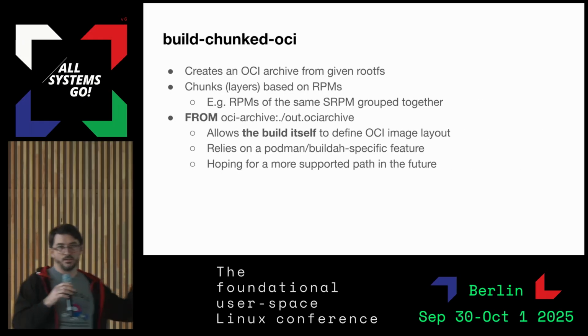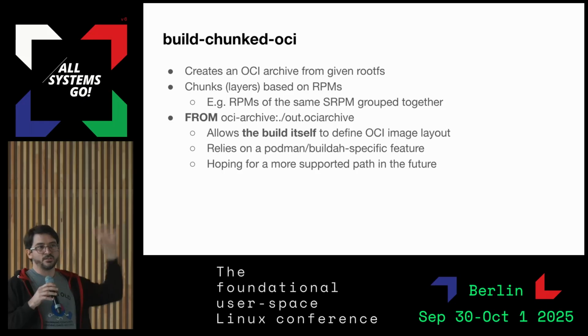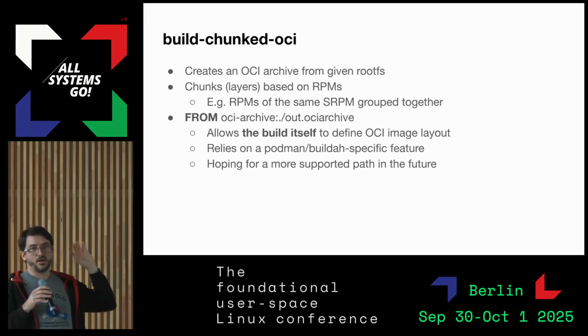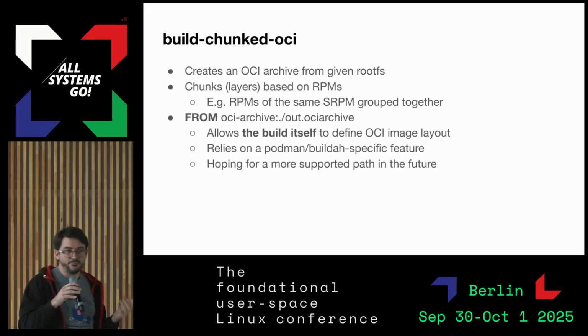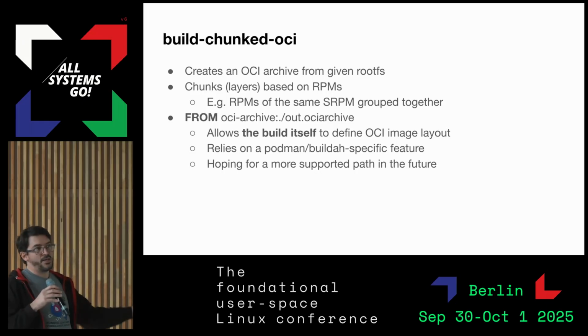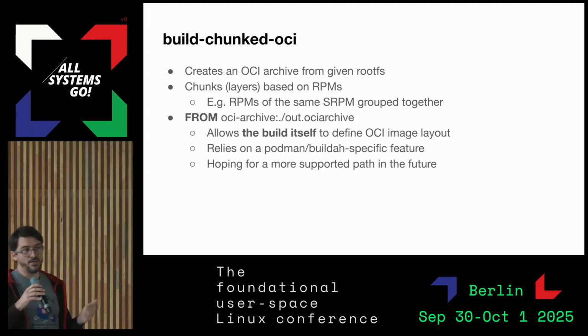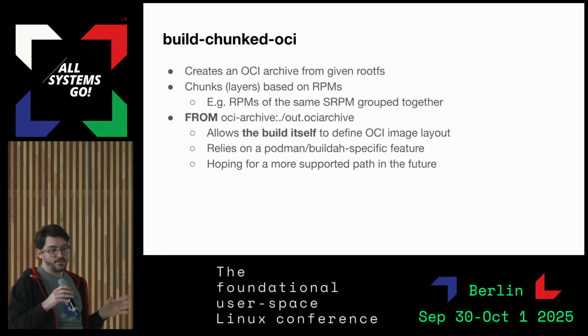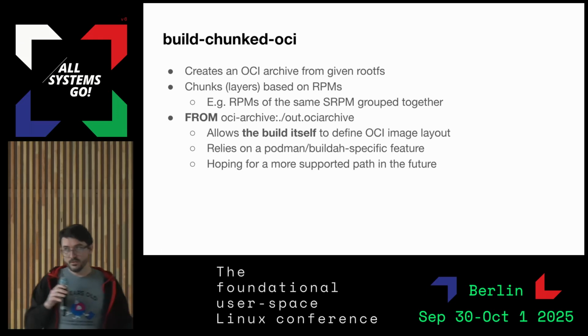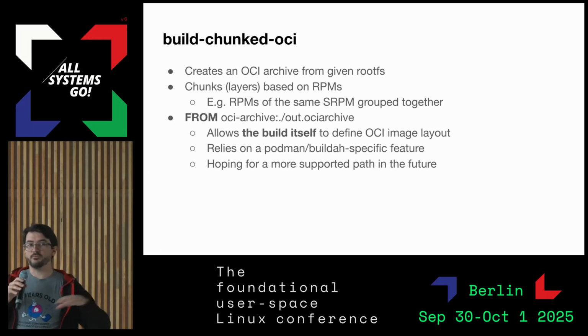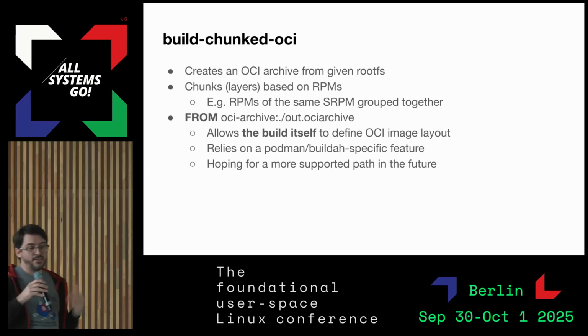The build chunked OCI part, I've already talked a little bit about that. It's how we make the container image actually split into meaningful layers. So we don't just have one big layer that you would have to redownload every time you make an update. But the idea is that we create the OCI image from a given rootfs, and we split that intelligently.